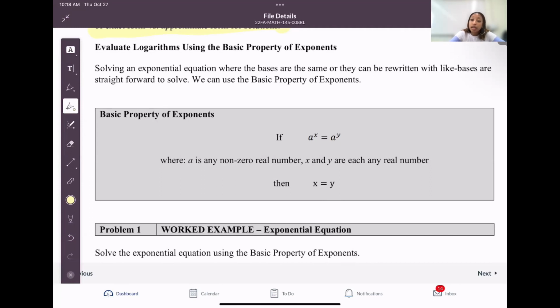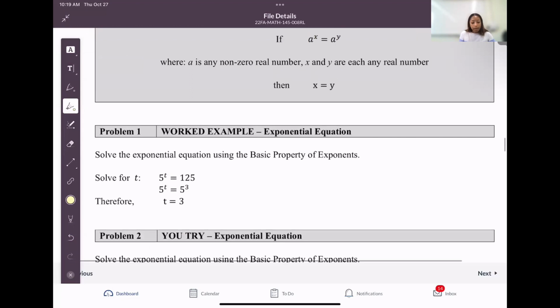Okay, so some exponential equations can be solved using this technique. If we can take the two exponential expressions and write them with the same base, once the bases are equal, we can set the exponents equal to each other and solve for our unknown, solve for x. Okay, how can we make the bases be equal to each other? Use properties of exponents to rewrite the expression.